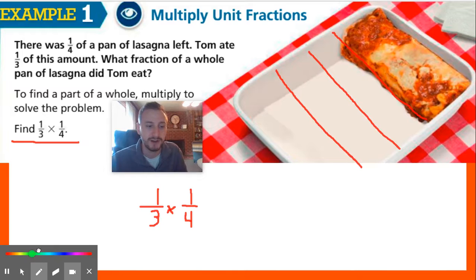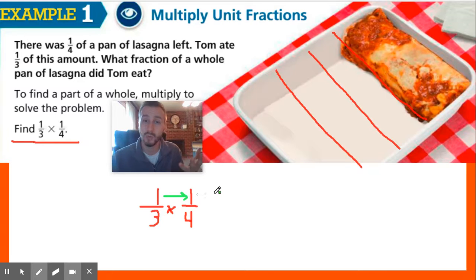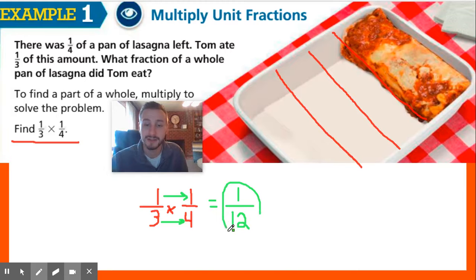So let's choose a different color. Multiplying straight across, what's 1 times 1? 1. Not too bad, right? And then the bottom, your denominators. What's 3 times 4? 12. So the answer that we're looking for is 1/12.